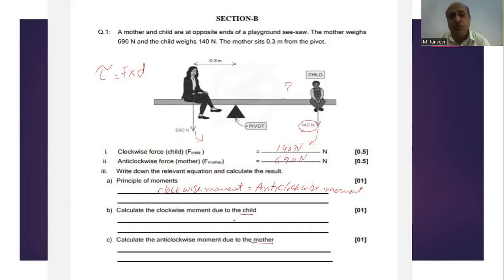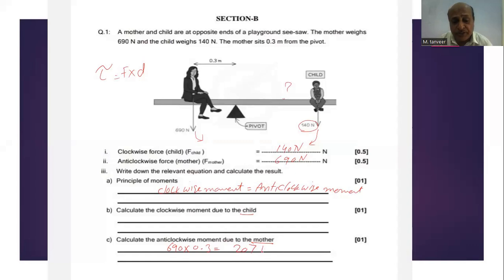Since it is balanced, both clockwise and anti-clockwise torques are equal. So first we will find the mother's anti-clockwise moment, and the formula is force into distance. Force is 690 multiplied by its distance 0.3, that is 207.